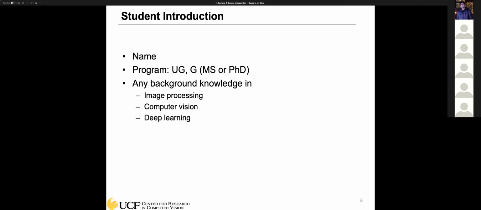Next we'll have Tenjib. Hi, I am a PhD student in the Department of Mechanical Engineering. My research focuses on using cardiac MRI data to do segmentation of the cardiac cavity, the myocardium, and the ventricular portions.